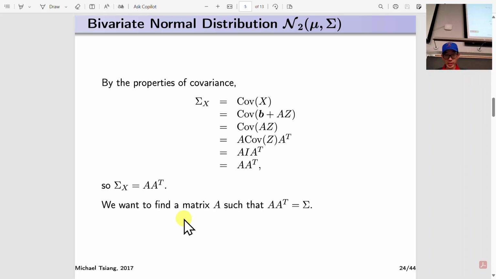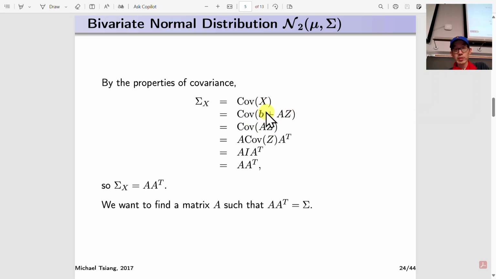All right, what about the matrix A? Remember what we want is to take z, multiply it by A, add b to it, so that we define our x like this, and we want to figure out what the A is, so that the resulting covariance is going to be this target matrix, the desired covariance matrix that we want. So x is defined by A times z plus b. And what is the covariance of that?